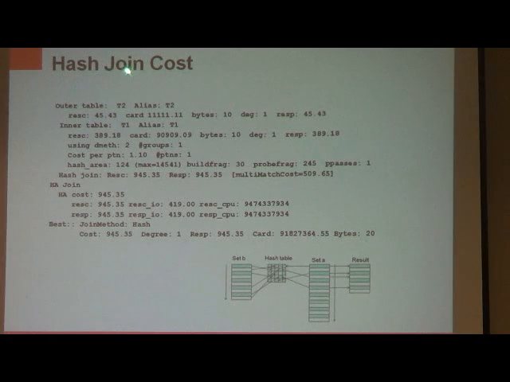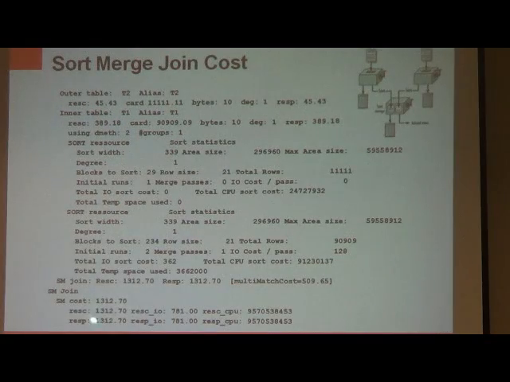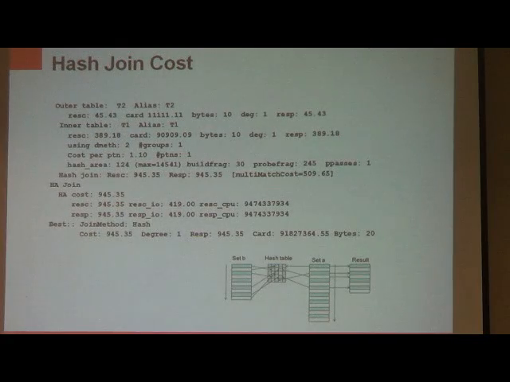In this case, when it's doing the hash join, it's computing this cost, 945. 945 basically means 45 plus 389 plus the actual cost of the hash join, which is, this is the total. This will include these 2. And this one is better than this one here. So for this particular example, it's saying, you know what, the best option that I have is a hash join.